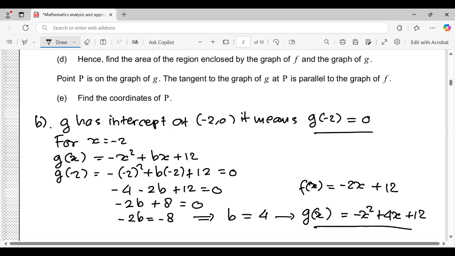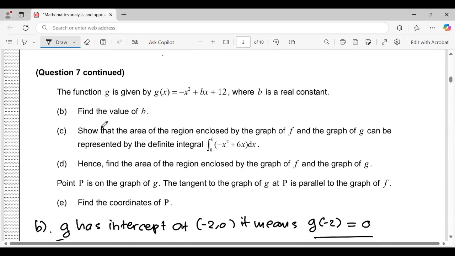Two functions already. Show that the area of the region enclosed by the graph of f and the graph of g can be represented by the definite integral from 0 to 6 of minus x squared plus 6x dx.